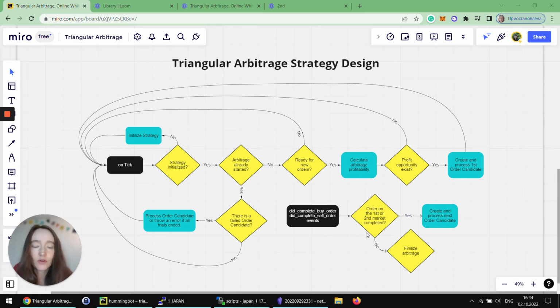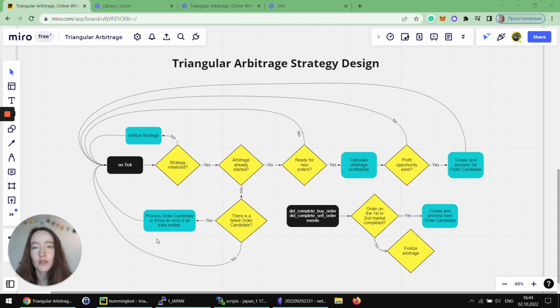The second and third orders are opened only after the did-complete-buy-order and did-complete-sell-order events arrive. I also added functionality so that if the second or third order fails to be opened, the strategy tries to place them again in the next tick.